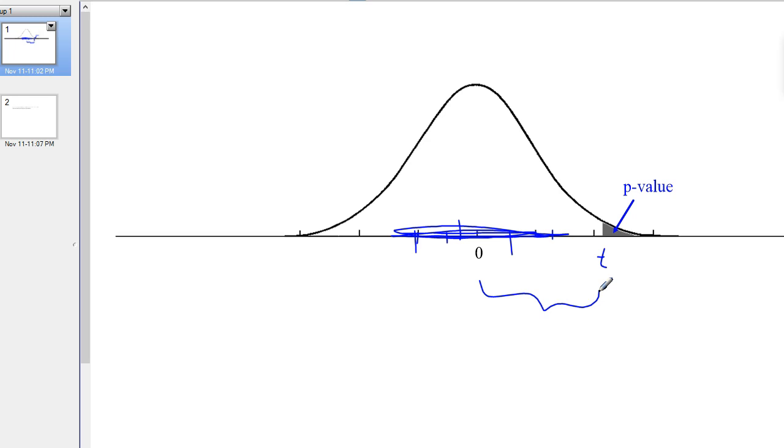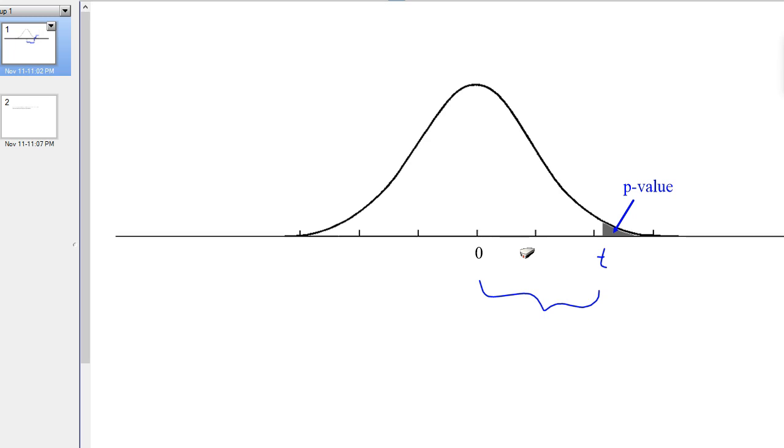But the further and further and further we are away from the claim value of the mean, the bigger and bigger and bigger that test statistic will be. It'll start being a much larger value. And because that measurement, how far we are away, is basically in these distributions in Z and in T, how many standard deviations we are away from the claimed value.